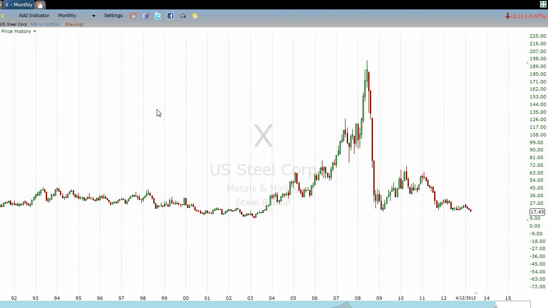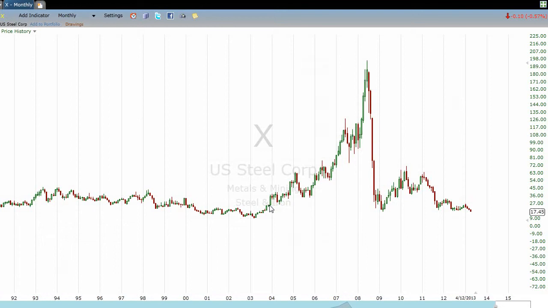What does that mean? An arithmetic chart means that each quarter inch you go up on this chart is equal to the same number of dollars no matter where it is. In other words, if you move up a quarter of an inch and it's a $9 move, it doesn't matter whether you went from 180 to 189 or from 9 to 18.